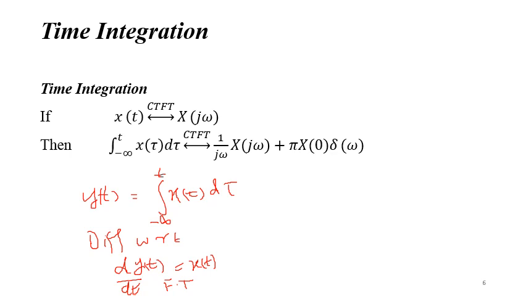So we have j omega times Y of j omega, which is the Fourier transform of y of t, equal to X of j omega. So we can say Y of j omega equals 1 over j omega times X of j omega.